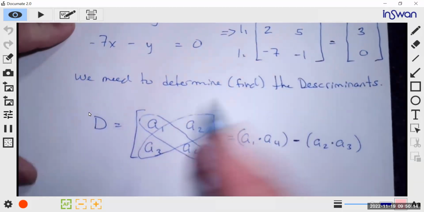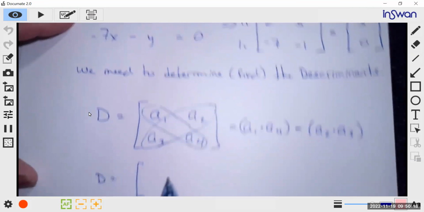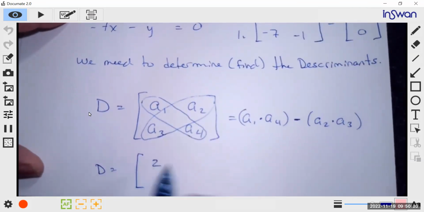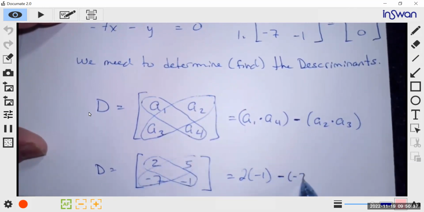So from this example up here: 2, 5, negative 7, negative 1. So this main diagonal, I have 2 times negative 1 minus negative 7 times 5.